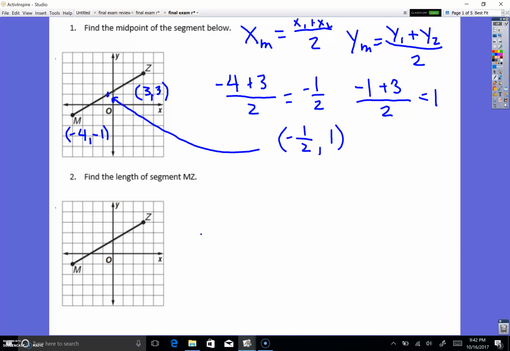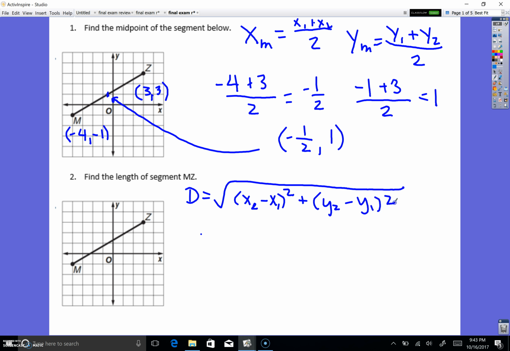Okay. Now the only other thing that you need to do in part 2 is find the length of a segment. We do that by using the distance formula. The distance formula is equal to the square root of x2 minus x1 squared plus y2 minus y1 squared.